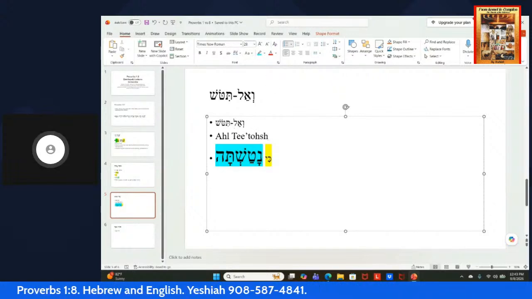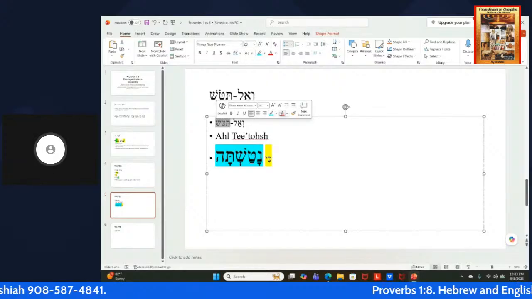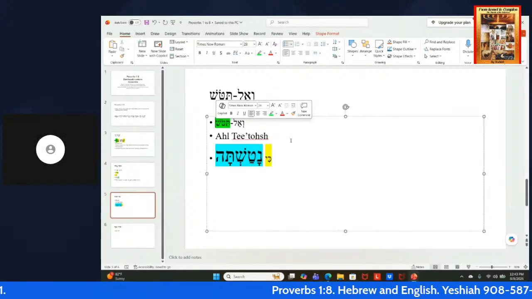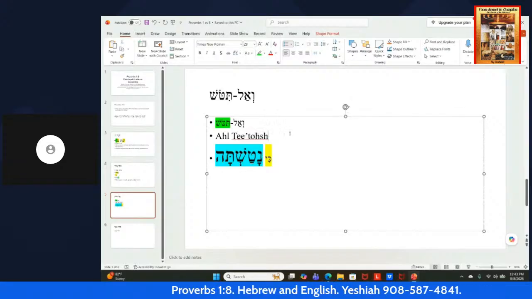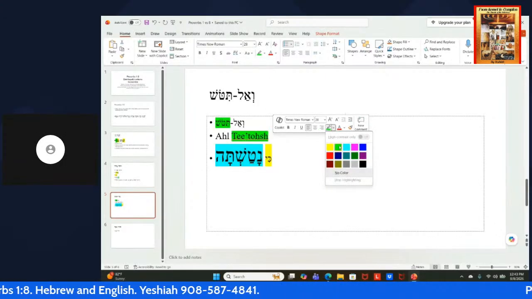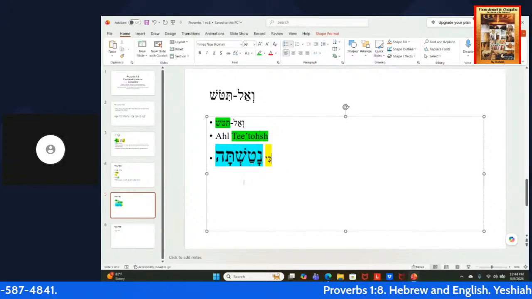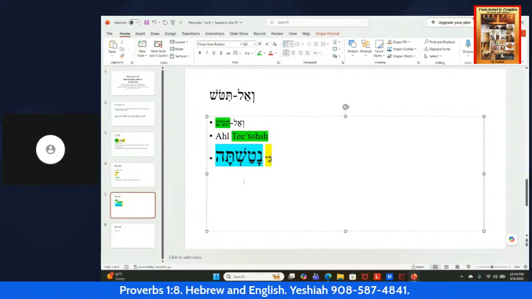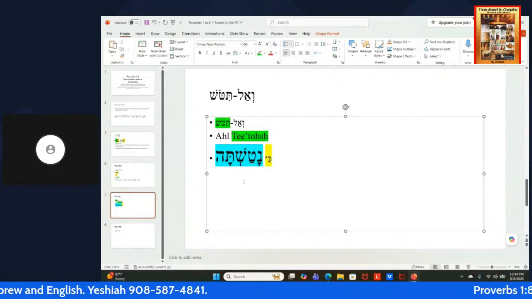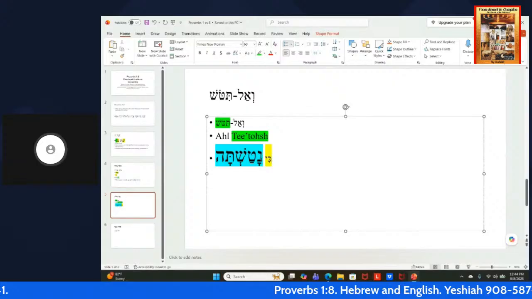Now, what happens with this, let's color code this for people's matter. All right, in the green. What are we able to see there, brothers and sisters? Titosh, written in Hebrew, written in English, to forsake. You will forsake. Now, what we're seeing in the blue is the past tense of such.